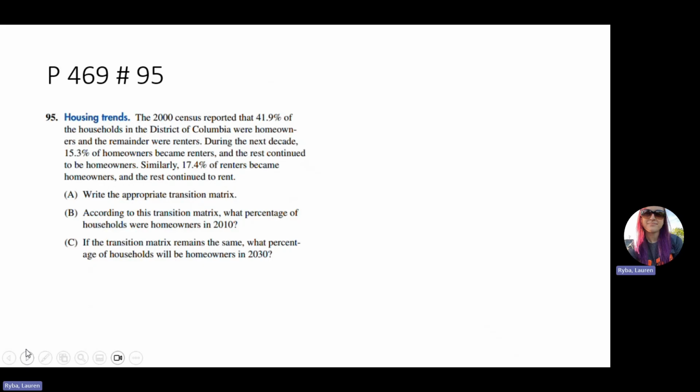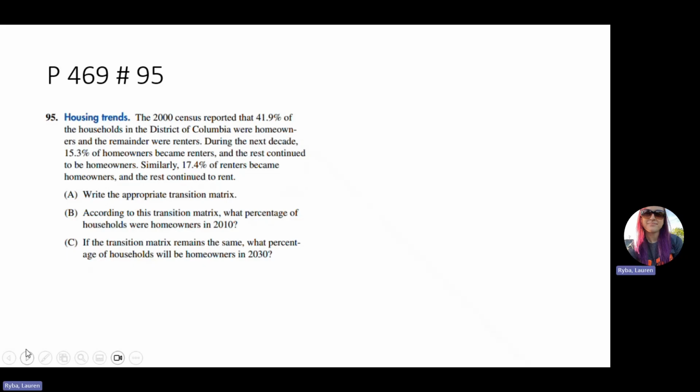All right, so I'm going to let you guys try this one. This is our last example for today. It says the 2000 census reported that 41.9% of households in the District of Columbia were homeowners and the remainders were renters.